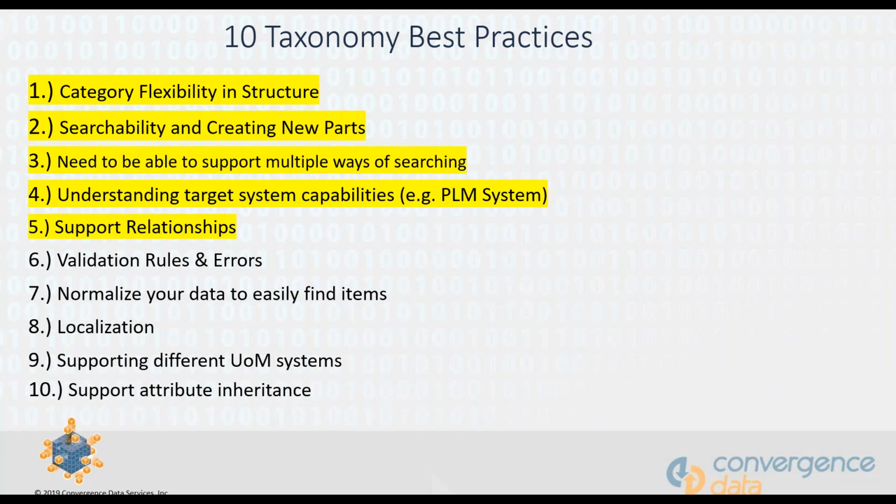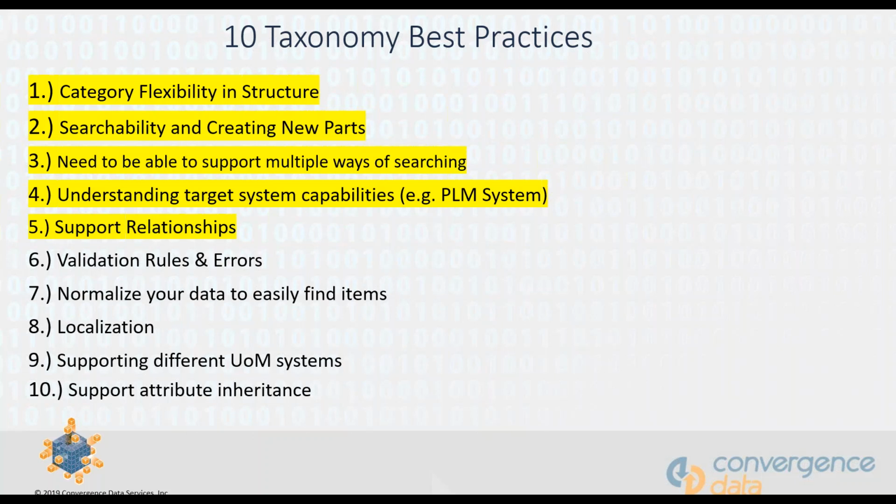So we actually have 10 taxonomy best practices. We're just going to present the top 5 today, but later on we will make available all 10 in the future. So today we're going to talk about number 1, flexibility in managing category structure. Practice number 2 in taxonomies, supporting both searching and creating new parts.